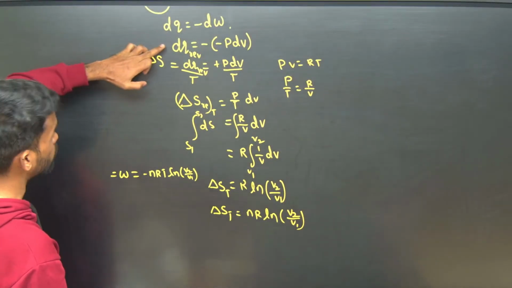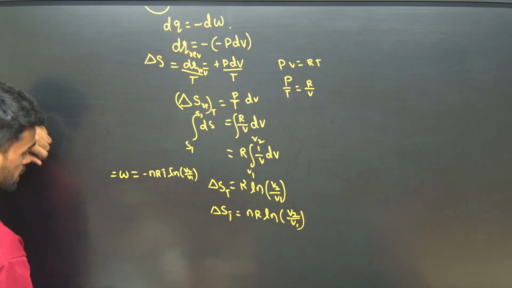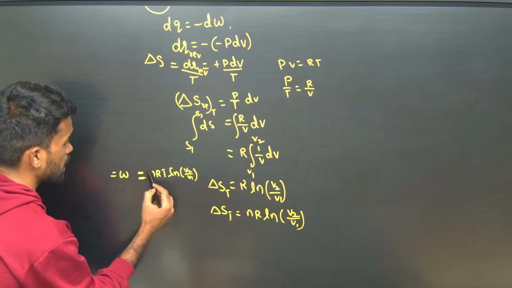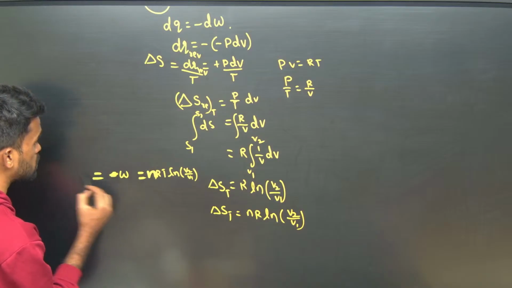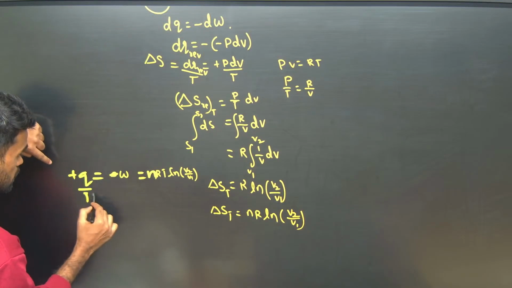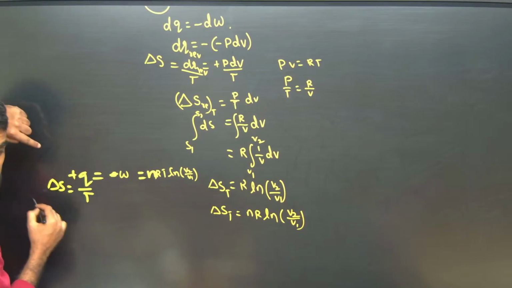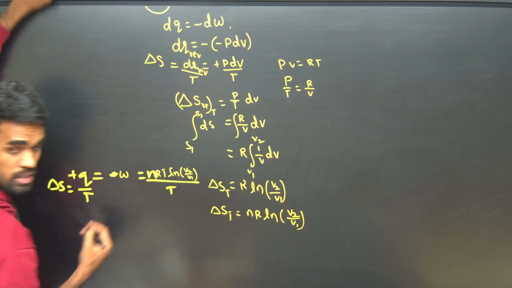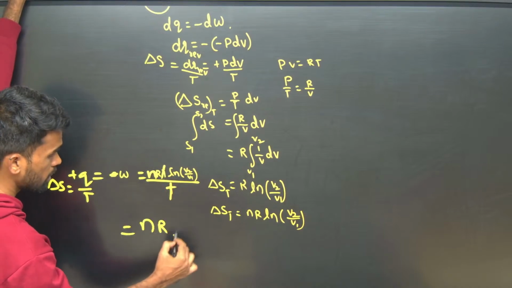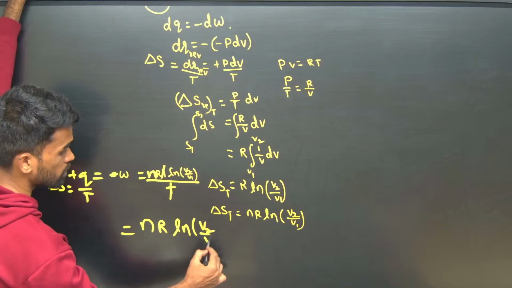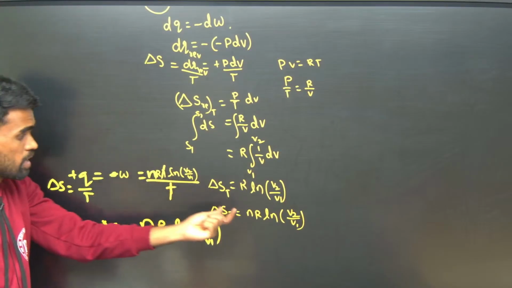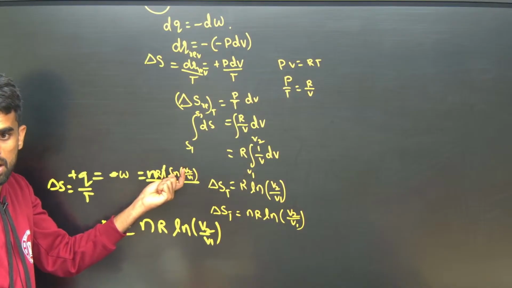Instead of writing minus nRT, I can write minus W equals plus Q. Now this Q by T is nothing but delta S. So just divide this equation with T; the temperature is removed and you get nR ln V2 by V1. I am saying this for clarity: if you forget this, you can get it from the work done formula also.